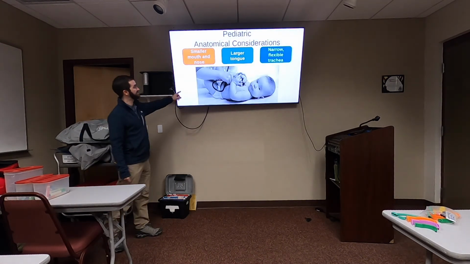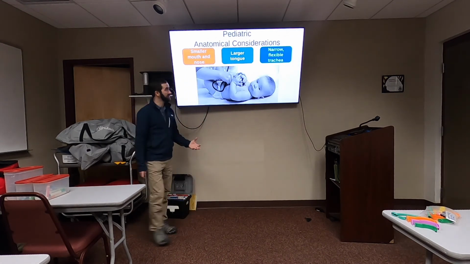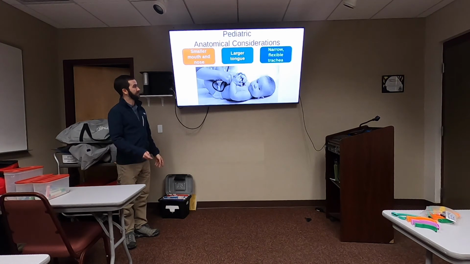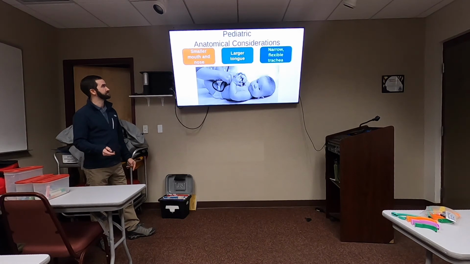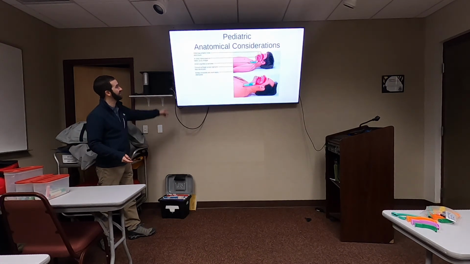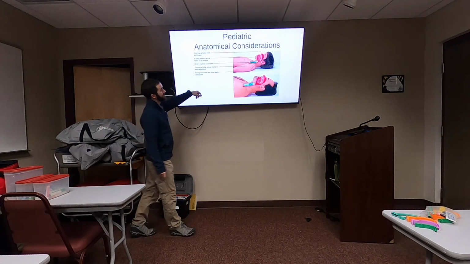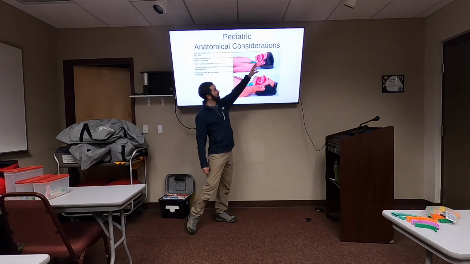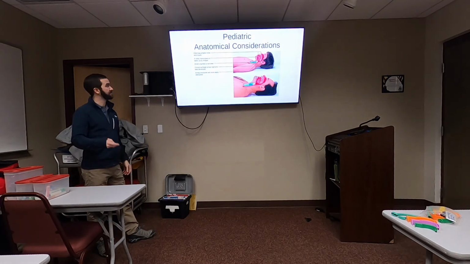Kids, again, smaller mouth and nose. Their tongue is bigger, and their trachea is smaller and more flexible. We've had this little plot before, or this graph before, but just remember their tongue is proportionally larger, so it's easier to fall back.